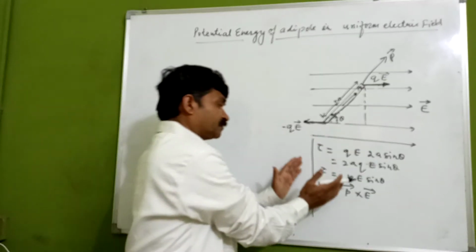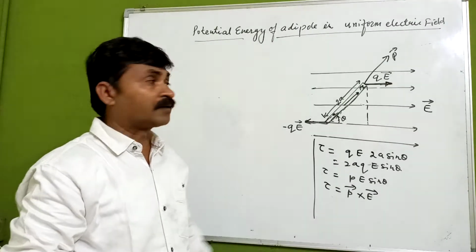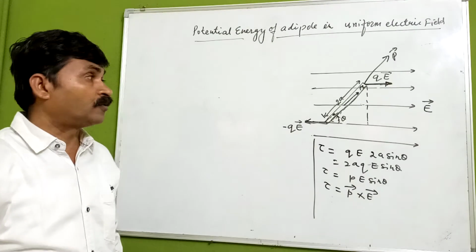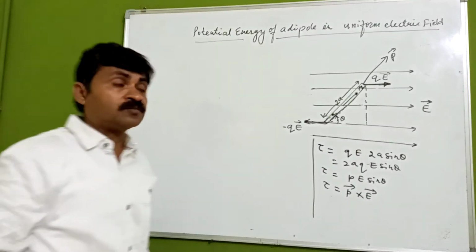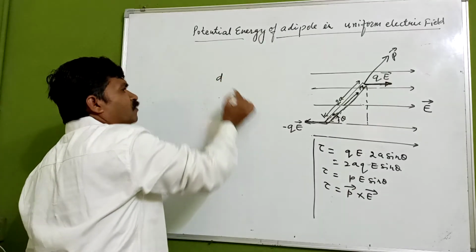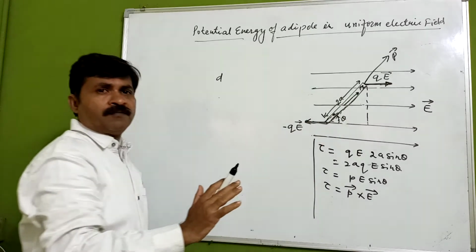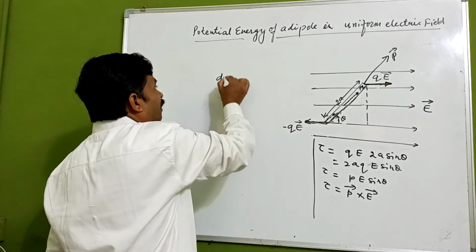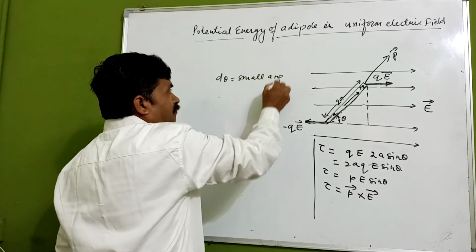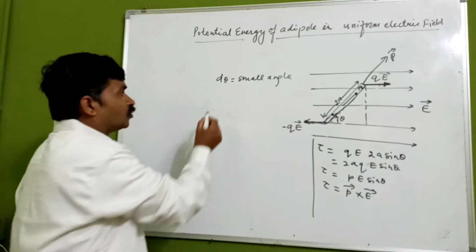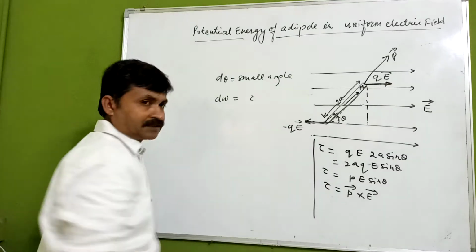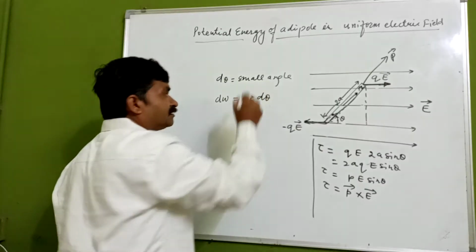Now if there is a torque, which is force into perpendicular distance, and if we want to move this dipole, we need to do some work. If the dipole is moved by a very small angle d theta, the work done will be given by tau multiplied by d theta.